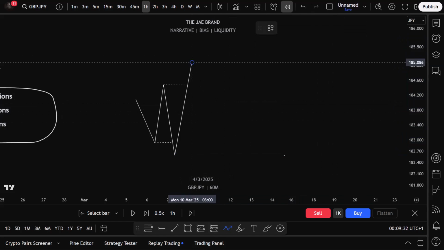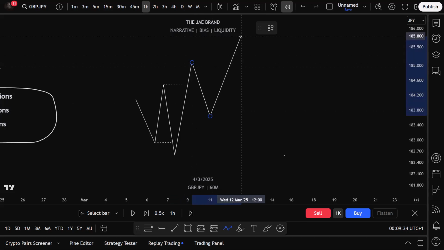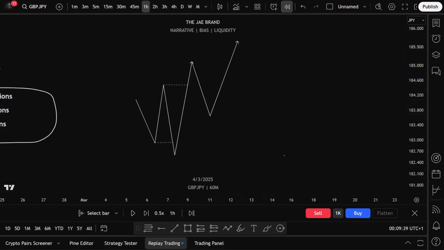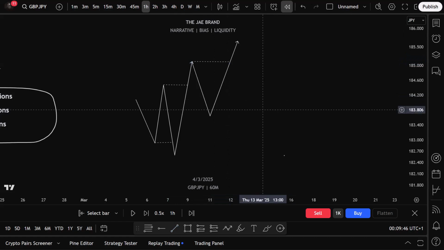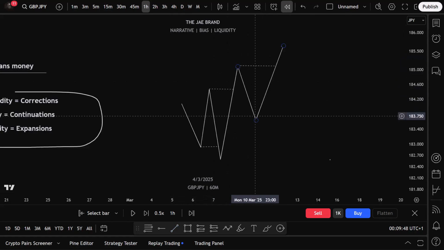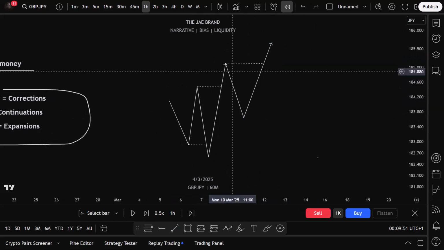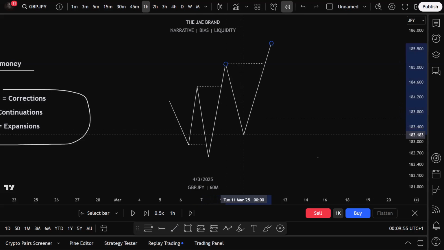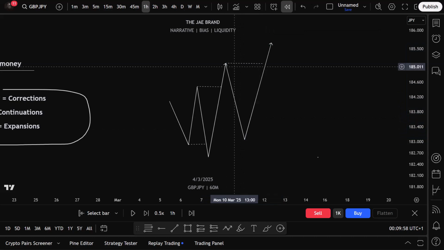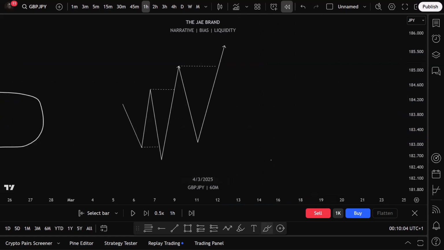Even when we have something like this, and then another break of structure, this break of structure is known as transactional liquidity, because a new high was created and then was broken. You can see that price retraced back into this area to create a new high, which is known as transactional liquidity.